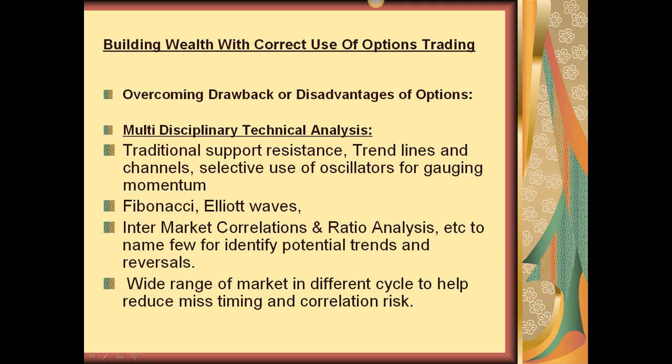One area which most traders do not spend much time in is what I call intermarket correlation analysis and ratio analysis. In brief, intermarket analysis would be, for example, looking at the internals of the market.